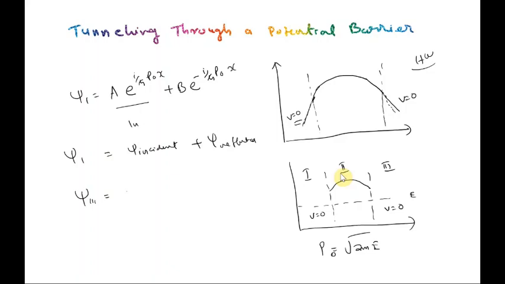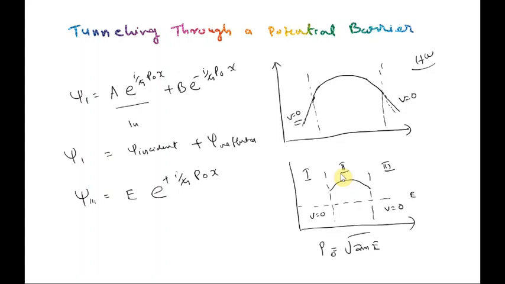So this is going to be E e raised to plus i by h cross p naught x. Momentum, there is no change. Here also it's a free particle, here also it's a free particle. So psi 1 and psi 3 are like this.